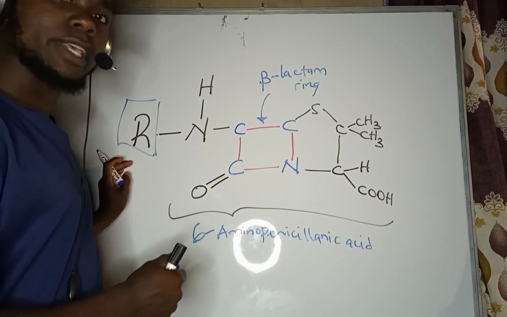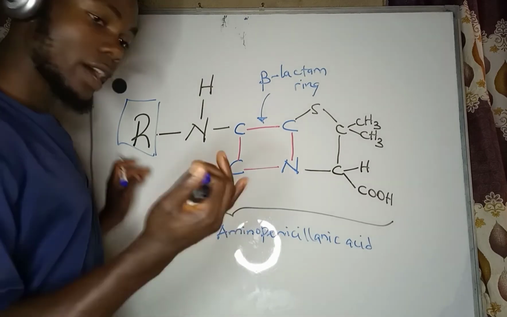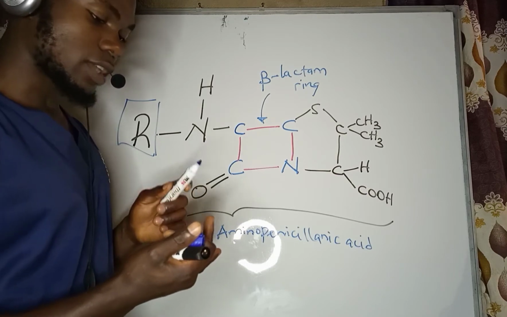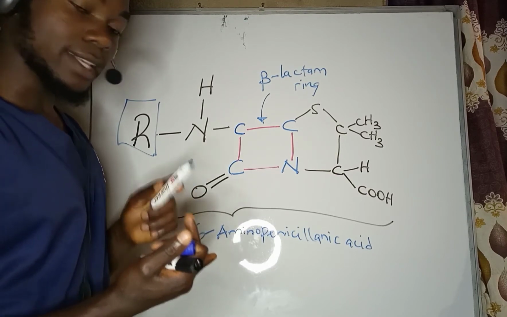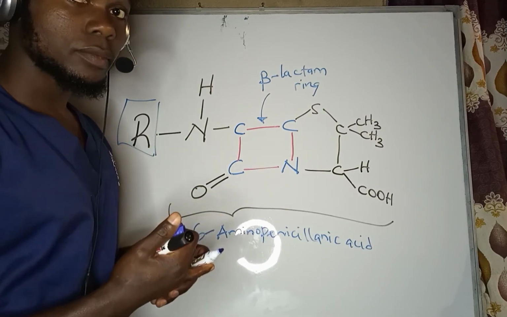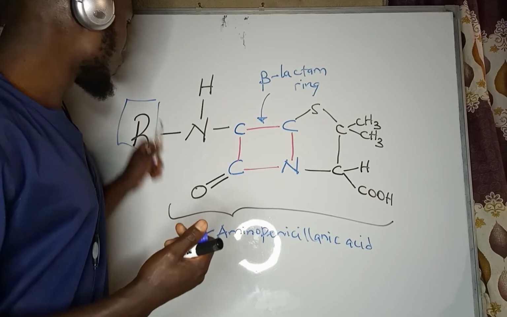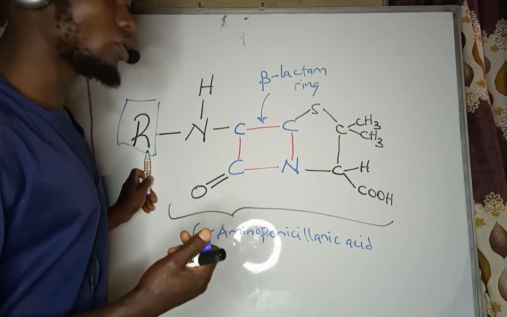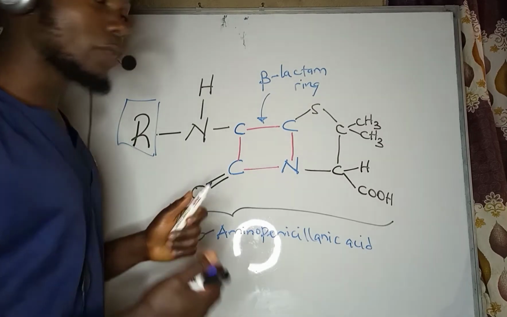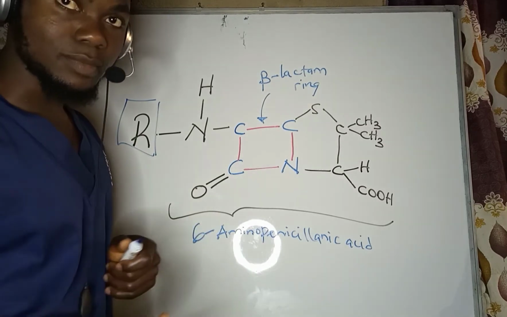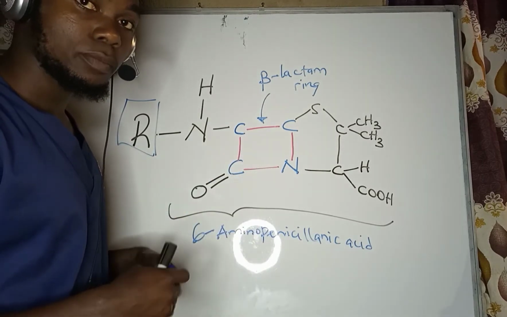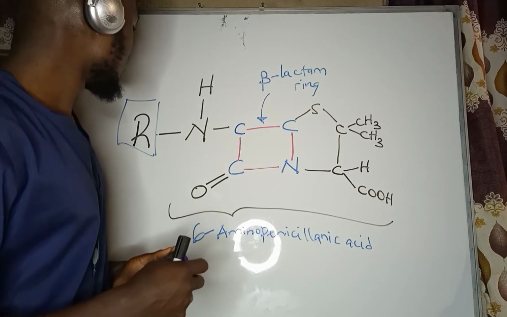This R group here determines, one, stability to enzymatic action and acid hydrolysis. Then another thing, it affects spectrum. So it depends on the R group whether the drug is going to have a narrow spectrum or a broad spectrum. It depends on the R group whether the drug is going to be susceptible to hydrolysis by the acid or hydrolysis by the bacterial enzymes.